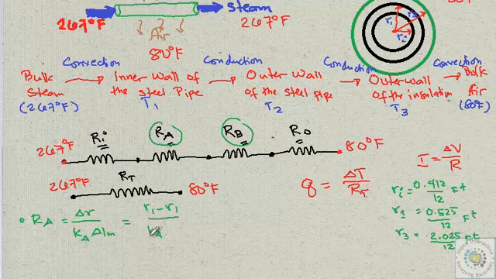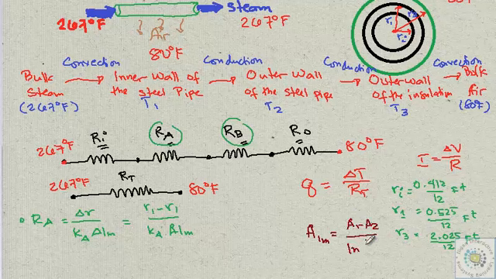The log mean area is not that straightforward to compute, but it can be calculated from the definition. If you are getting the logarithmic mean of two areas, then you simply have A1 minus A2 over ln of A1 over A2.